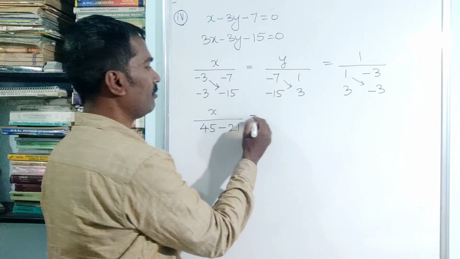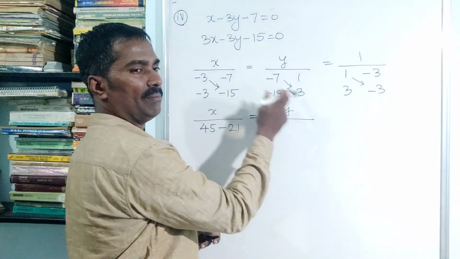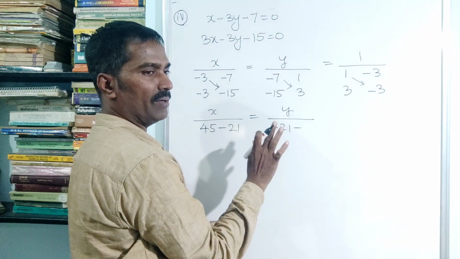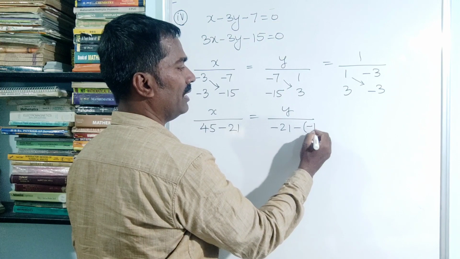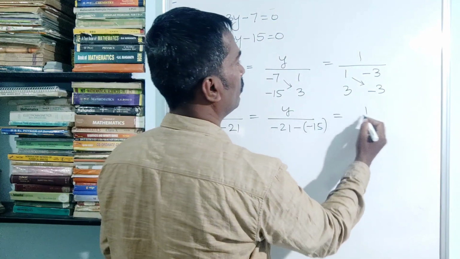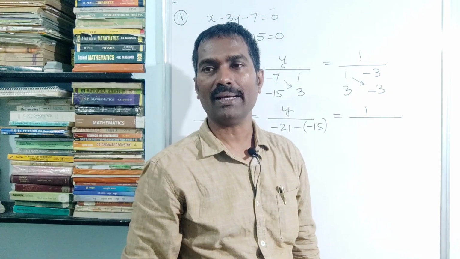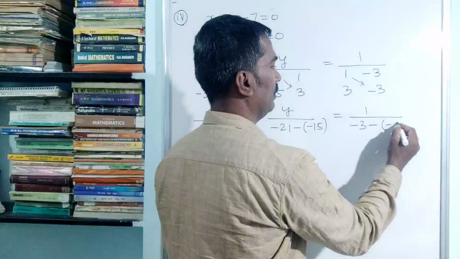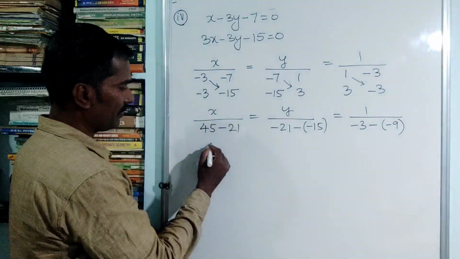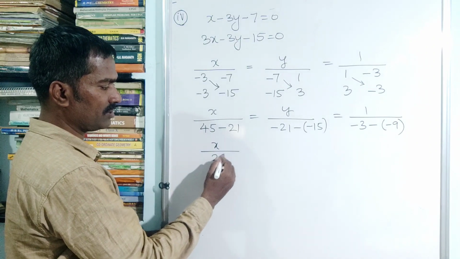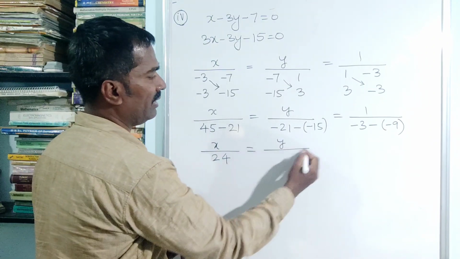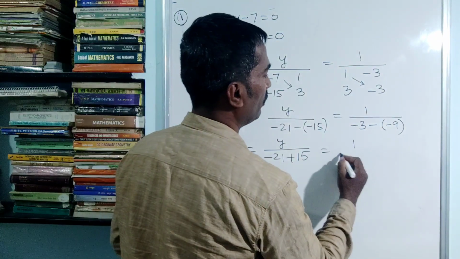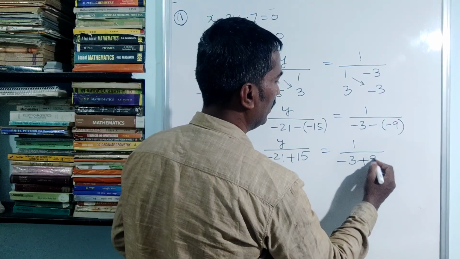Is equal to y divided by, multiply these two, minus 7 into 3, 21, minus compulsory in between, minus 15 into 1, minus 15, is equal to 1 upon 1 into minus 3, minus 3, minus again minus 3 into 3, 9. x divided by, if you subtract, it becomes 24. y divided by minus 21 minus into minus plus 15, is equal to 1 upon minus 3 minus into minus plus 9.